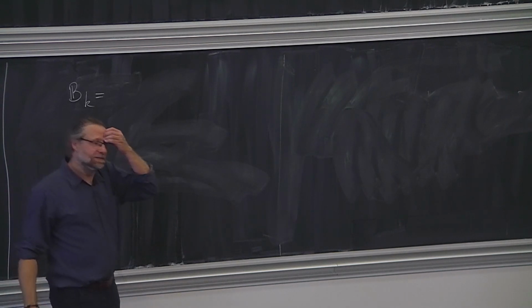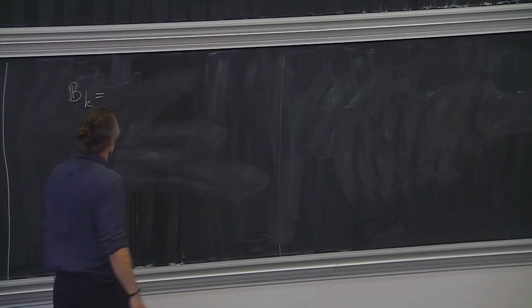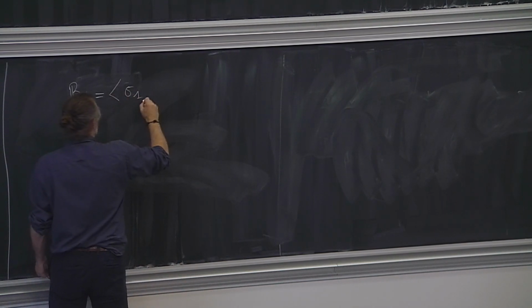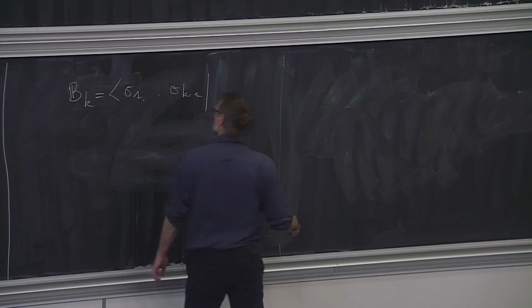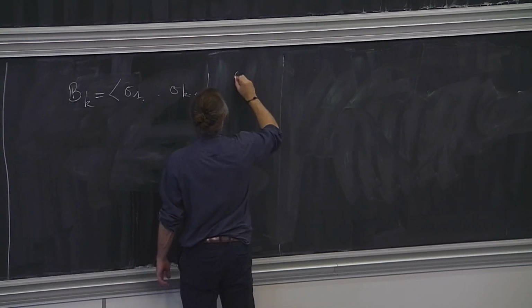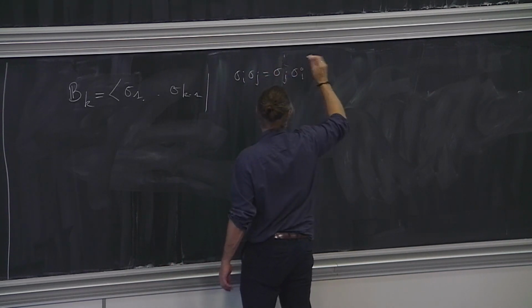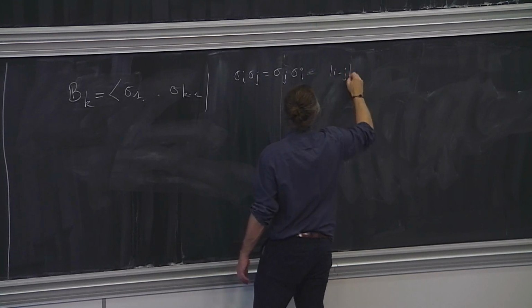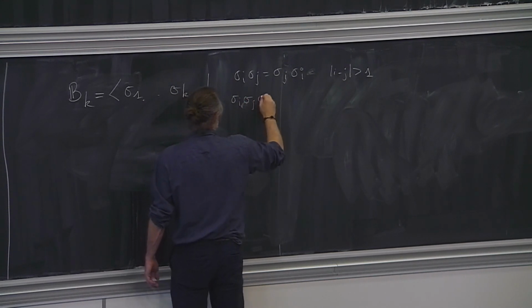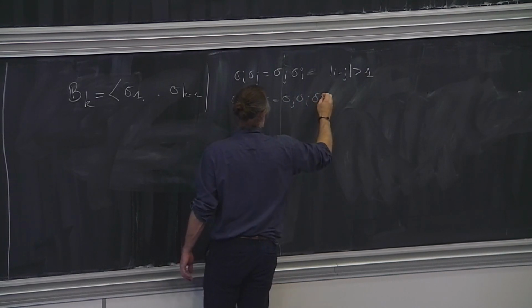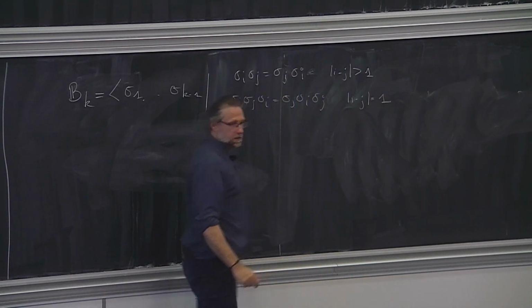I will do a double bar, which is not usual at all, but since I'm losing it less than the other B, I prefer to choose that one. So this is just the braid group, generated by sigma 1 to sigma k minus 1, the usual things. Again, sigma i sigma j is sigma j sigma i if i minus j is strictly greater than 1, and sigma i sigma j sigma i is equal to sigma j sigma i sigma j if i and j are at distance 1.